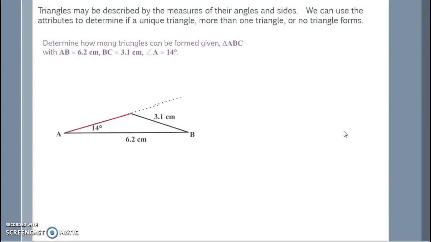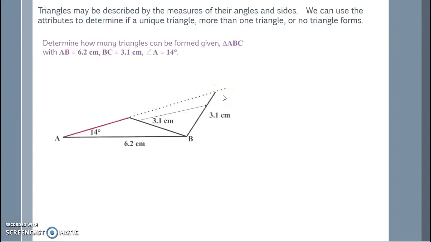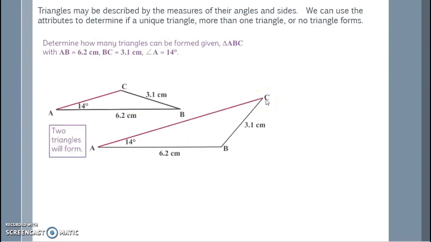Connecting where they should, to create 3.1 centimeters off of angle B, that will hit the vertex angle C. Now imagine me shifting this 3.1 over this direction here. So we just kind of shifted it. It will hit our dotted line of the 14 degrees one more time, which means that I can form two different triangles based on those measurements.